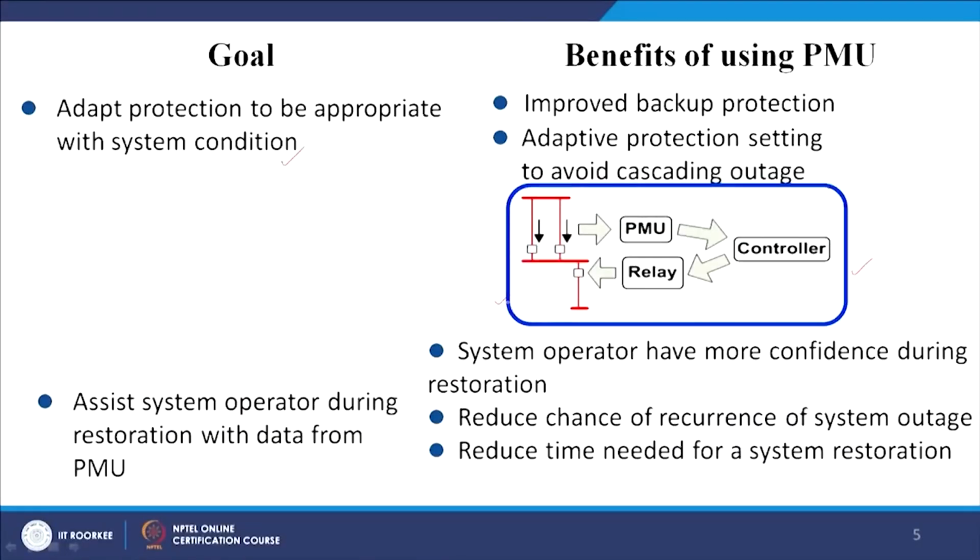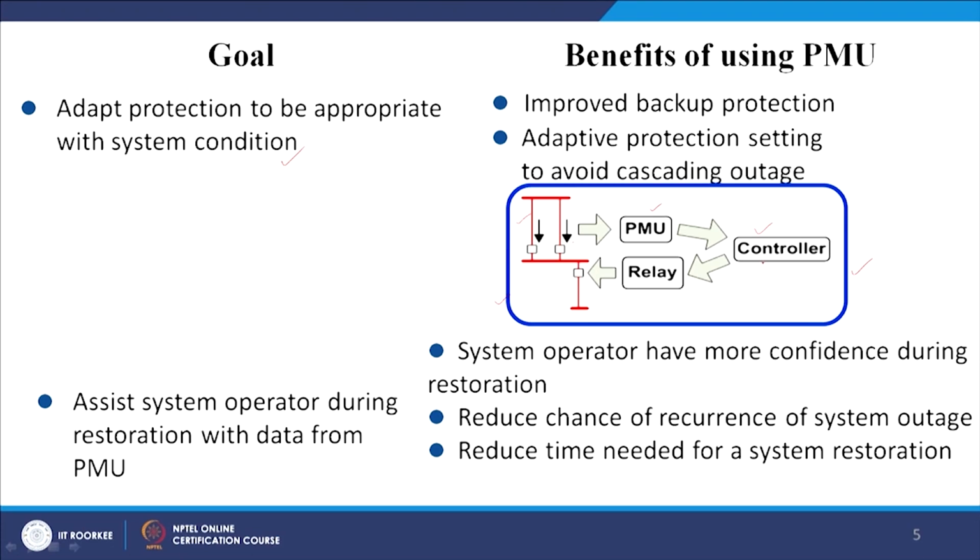If you look at this block diagram, a very simple block diagram I have just kept here, this is our power structure, our lines, two lines which are basically carrying the power, and this is our PMU which is installed. As I said, the PMU is the phasor measurement unit, and this PMU is installed at this particular bus in this network, and this PMU is sending the data, maybe the voltage, current information and frequency, to the control center, to the controller.